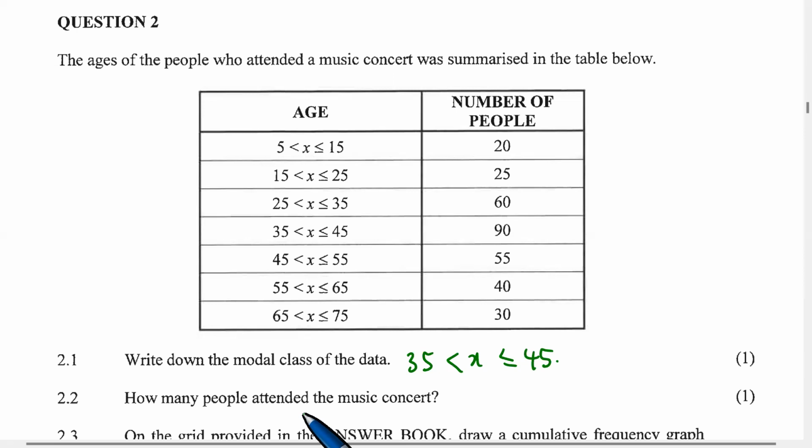So you'd have 320 people. 320 people attended the music concert. If you take the summation of all these, the 20, 25, the 60, the 90, and so on, you get 320 people.